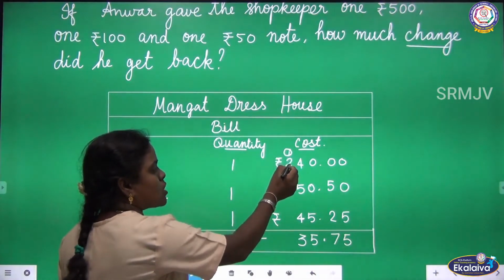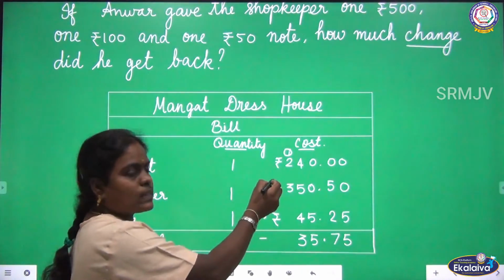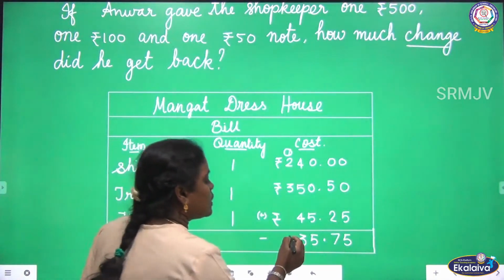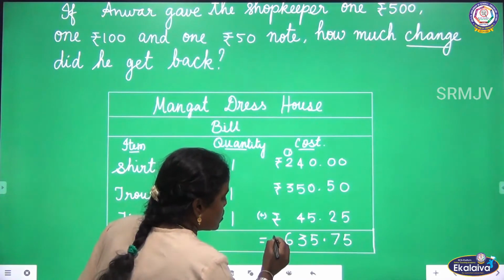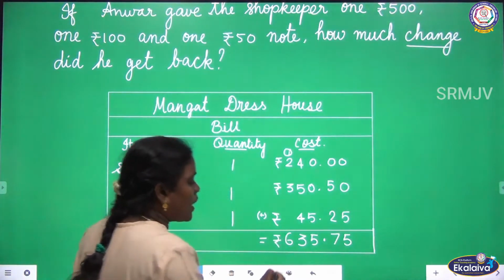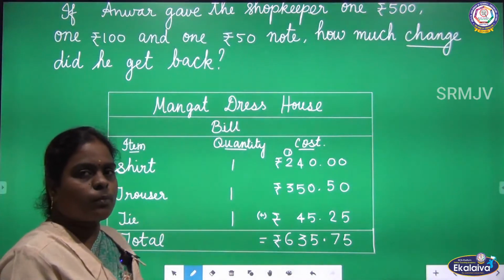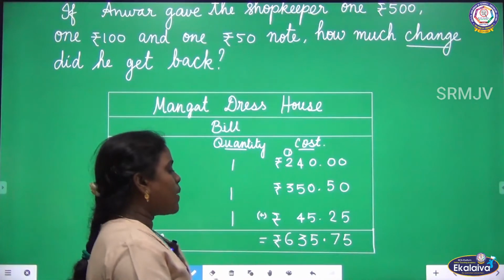Now add the numbers. 1 plus 2, 3, 3 plus 3, it is 6. So totally he has to pay 635 rupees and 75 paise.